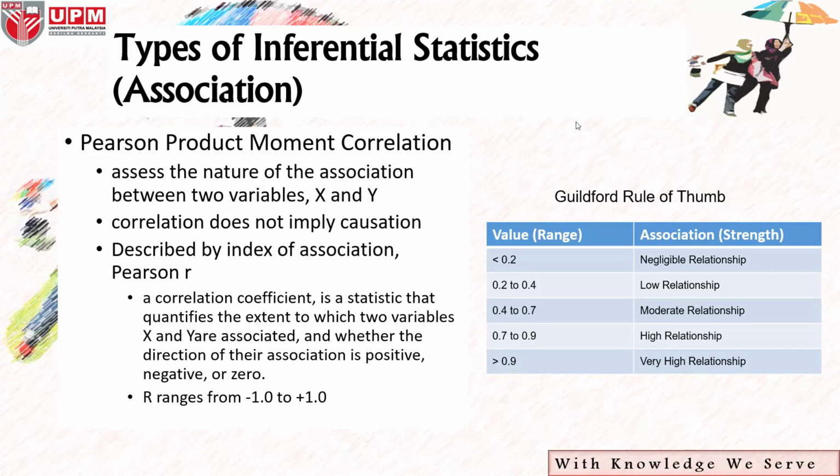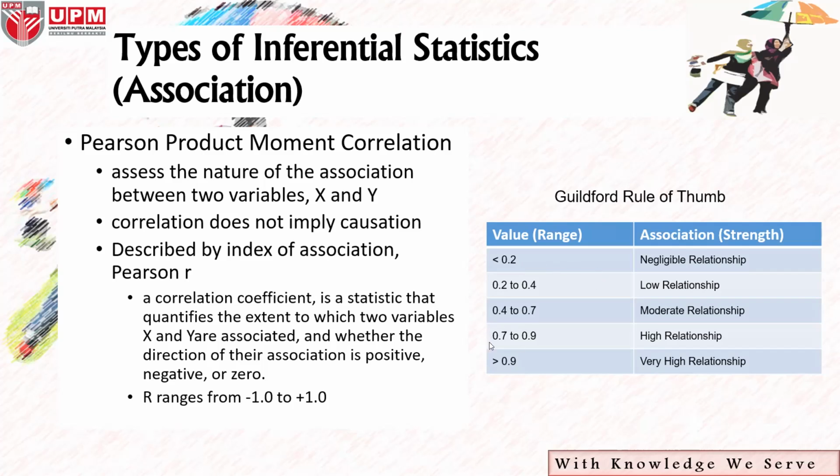Bila kita sebut the nature of the relationship, we want to explain, first, the direction of the relationship, either negative or positive. The second one is the magnitude of the relationship. How much is the relationship? How to interpret? From the R value, the correlation coefficient value, we refer to the Guilford rule of thumb table.